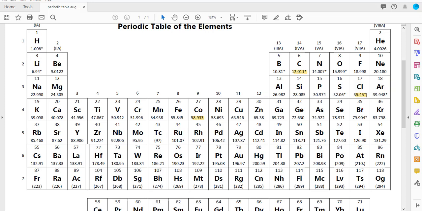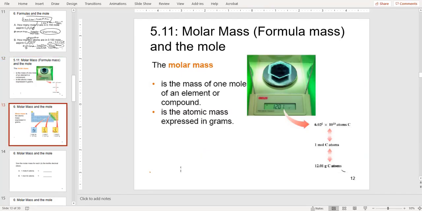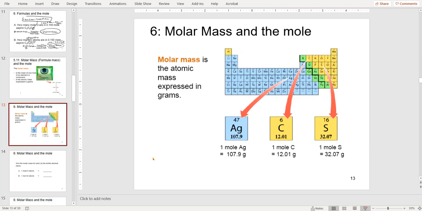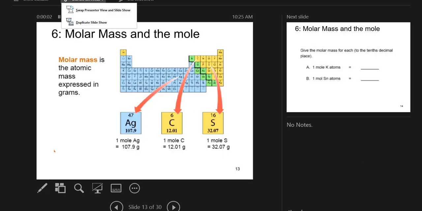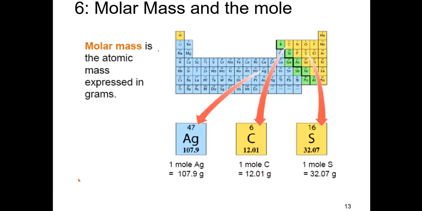So 1 mole of chlorine is going to be 35.45 grams, for example. 1 mole of cobalt is going to be 58.933 grams. Again, the numbers may vary slightly depending on what periodic table you use because they use different balances with different numbers of sig figs. This specific periodic table didn't have balances as accurate as the previous one, so that's why there are fewer sig figs. That one only went to 12.01.